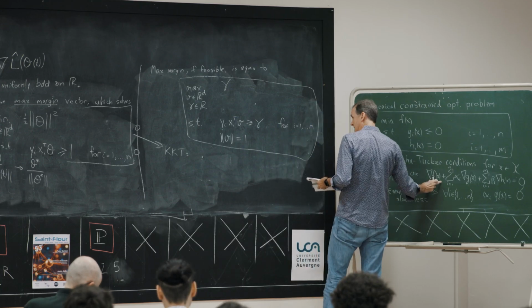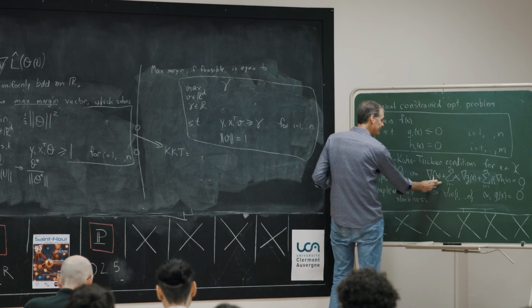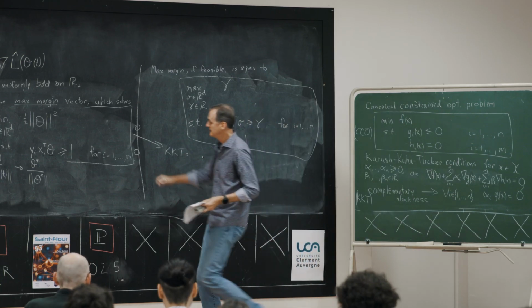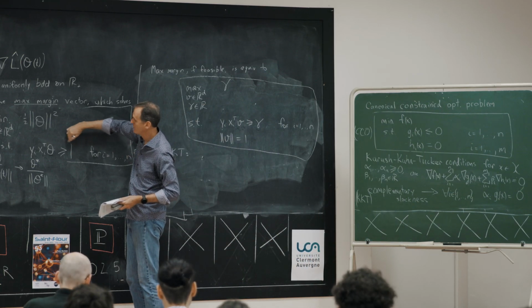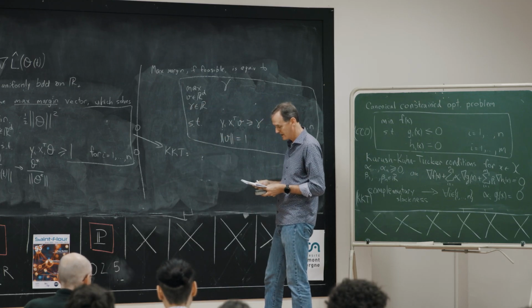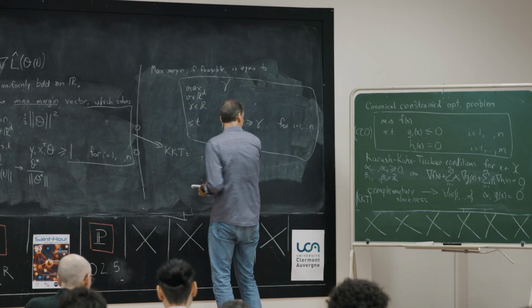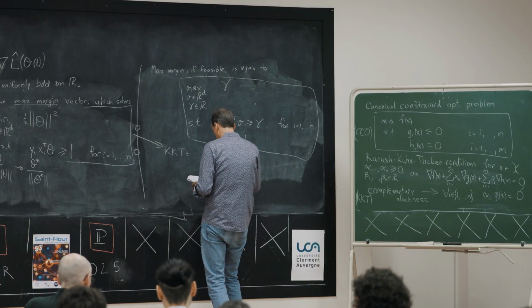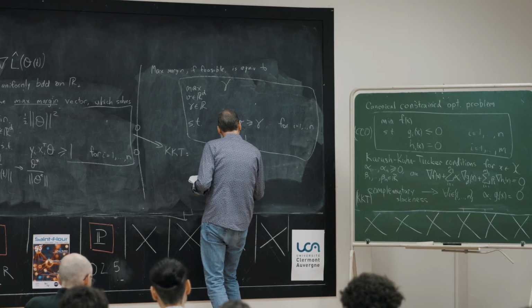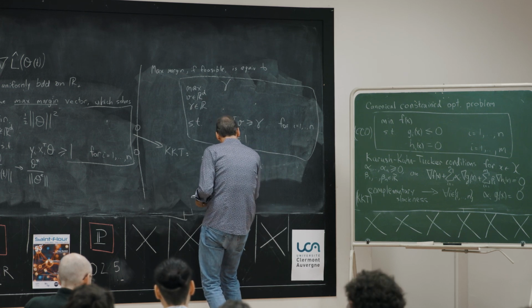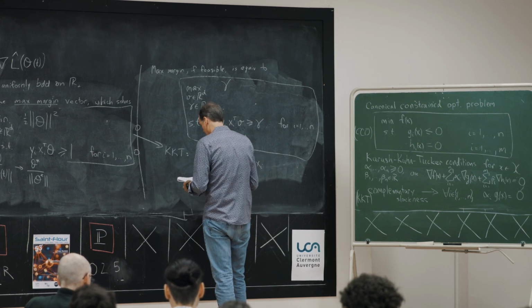grad f is just theta. F here is a half norm theta squared. Grad g_i is the gradient with respect to theta of 1 minus this thing, so that's going to be minus yi xi. So this sum being equal to 0 is going to give theta equals the sum of alpha_i yi xi across our data.